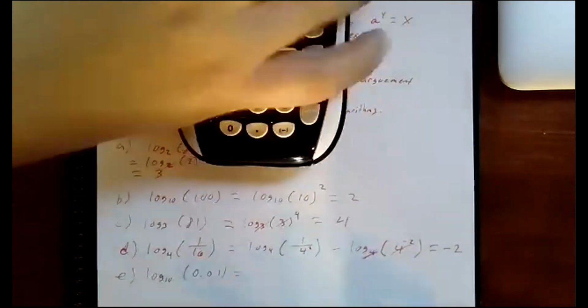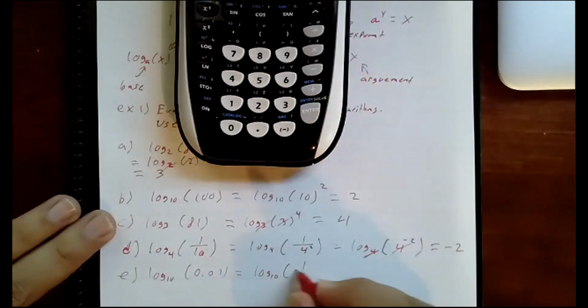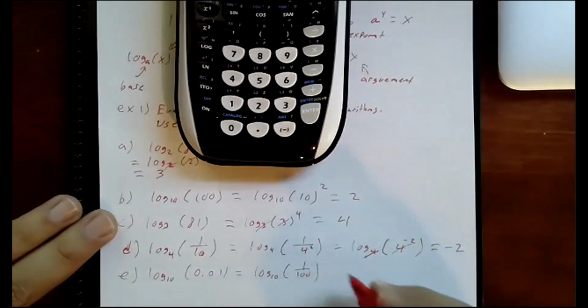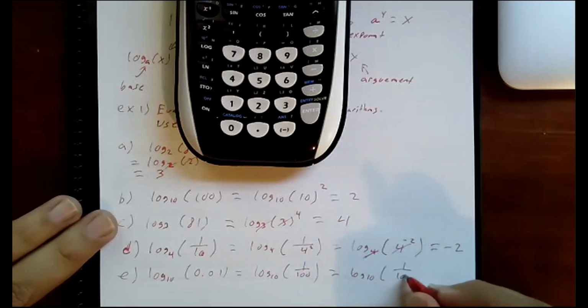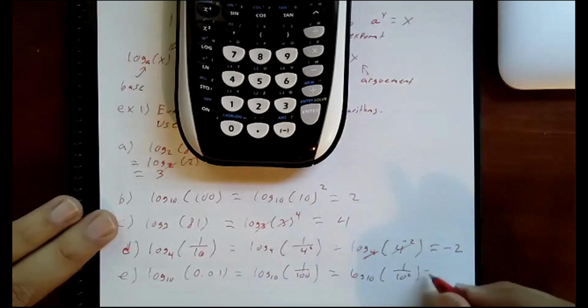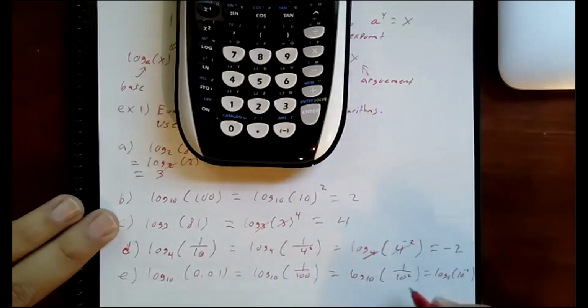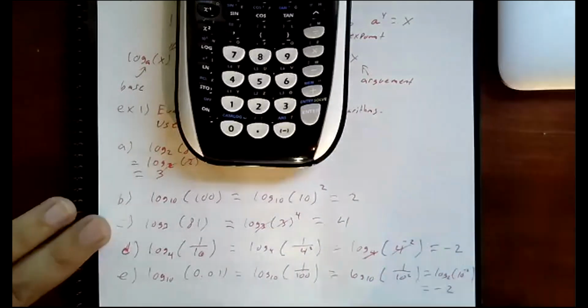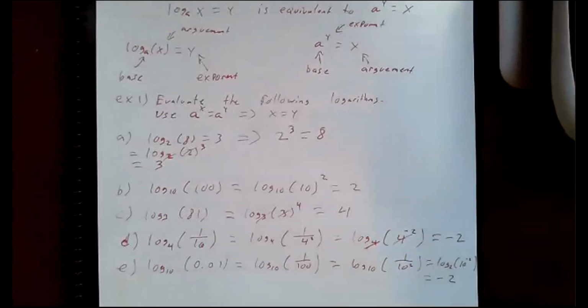So we can just change this into a 100th, and then change that guy into a 1 over 10 squared, which is 10 to the negative 2, right? Like we did the last one.